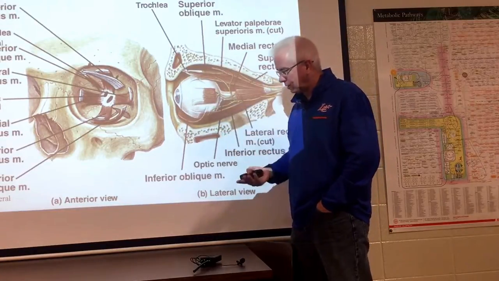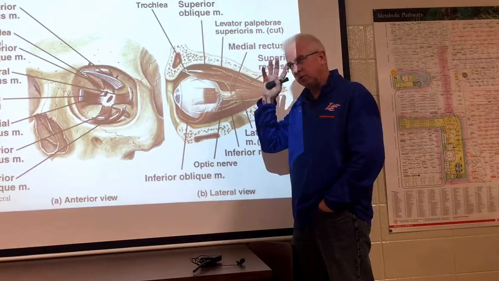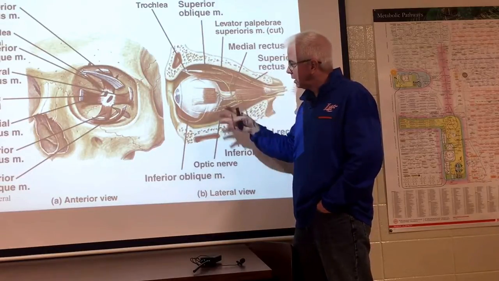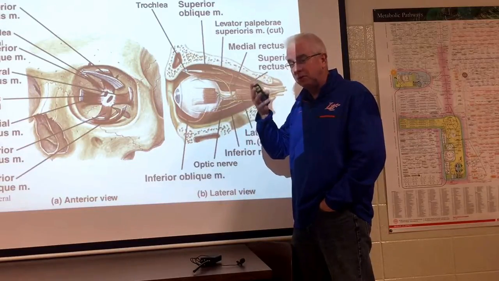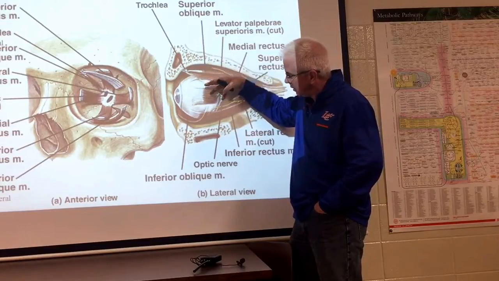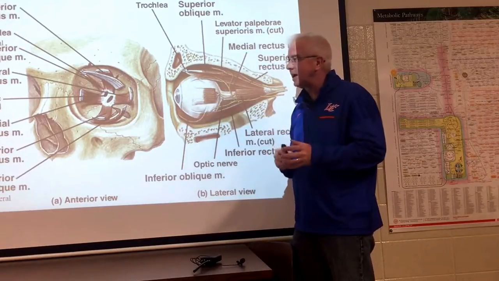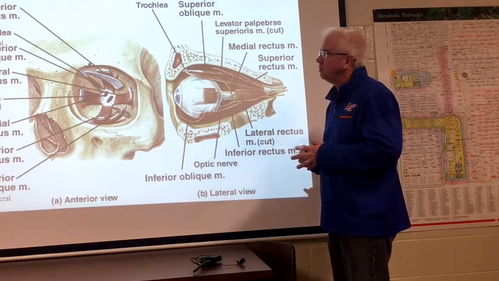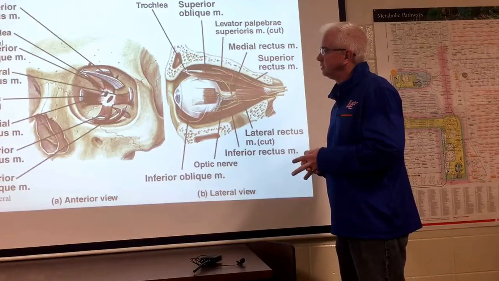Now, it also moves the eye slightly lateral in the vertical and lateral plane. And when it contracts, the eye actually moves superior. So lateral here and superior. So very sophisticated actions for the movements of the eye with the obliques, the superior and inferior obliques.